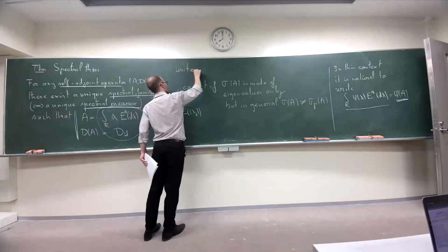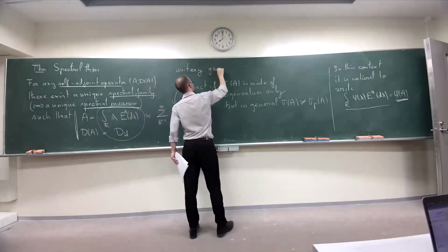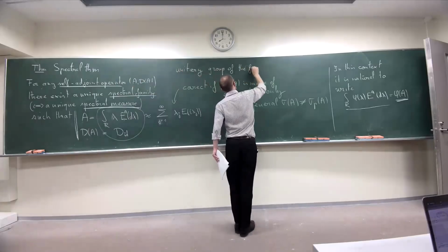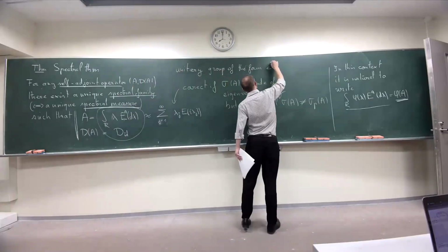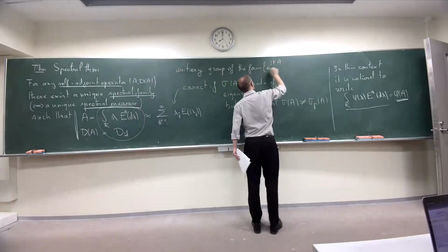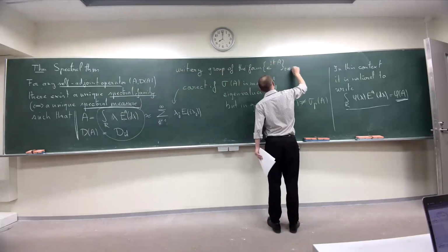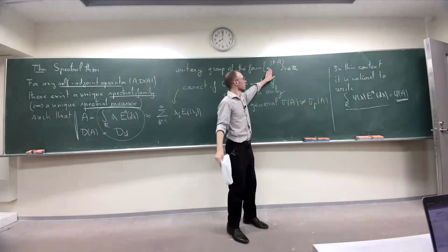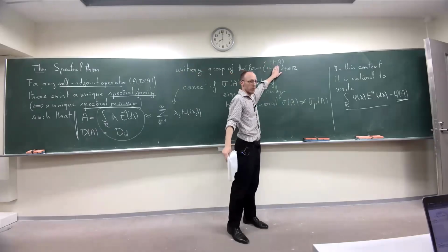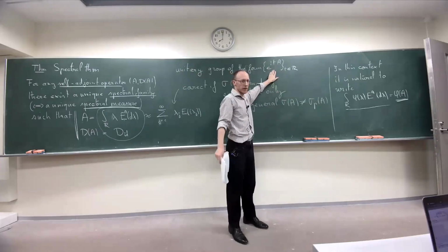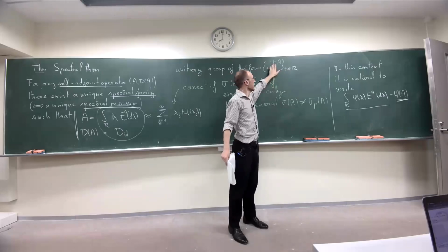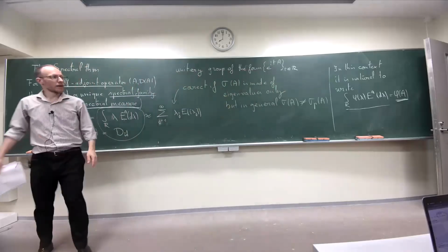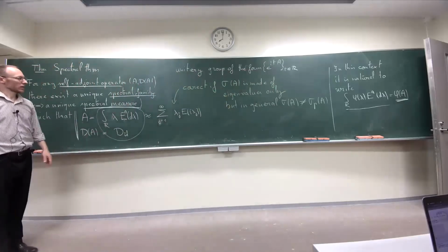I will not explain, it is in the notes, but I will just write a formula, unitary group of the form e to the i t A for t in real. You know, fix a t. This is a function. The function e to the i t times a variable, so it's one of the phi. I can define this. Now you check that if you change t, you get a certain family. It's called a unitary group. It's a representation of R.